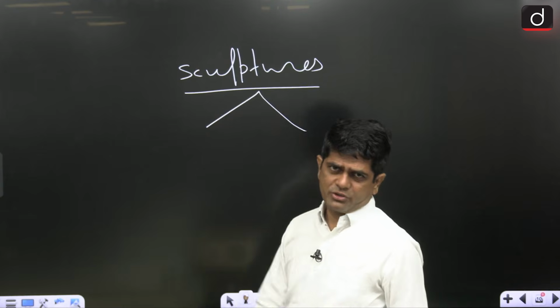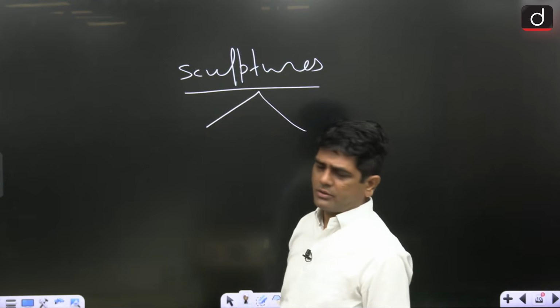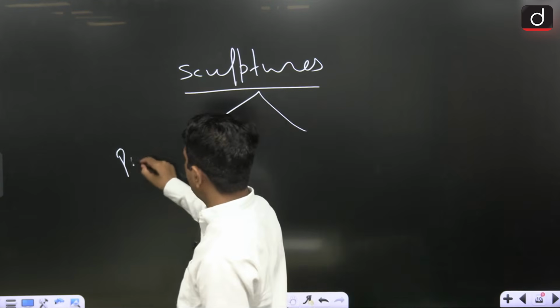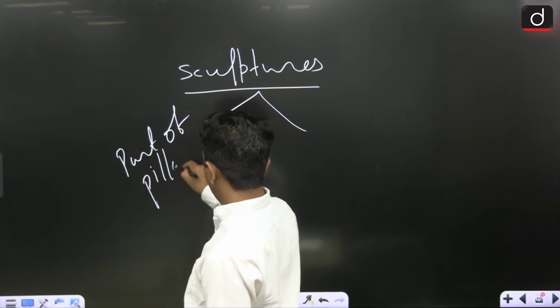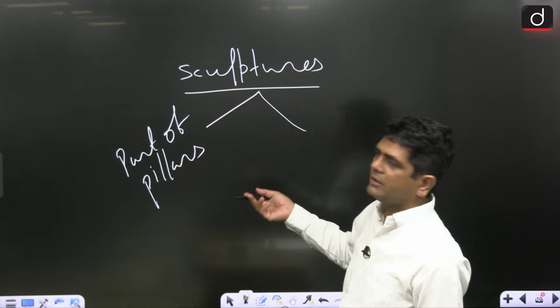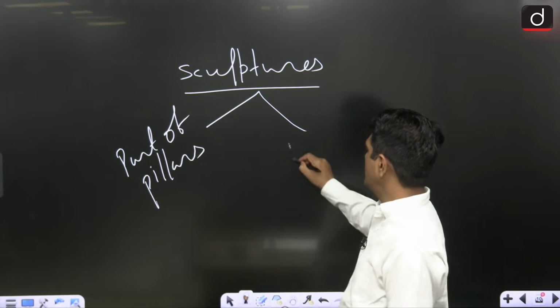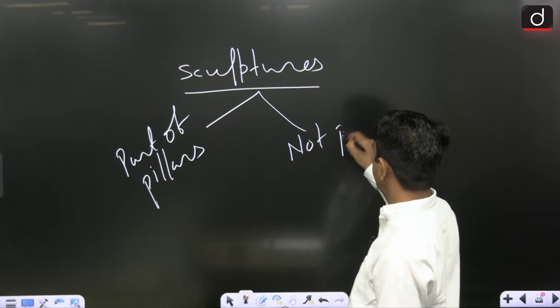See, the court sculptures were of two types. One is that which is part of pillar, and second, independently erected or not part of pillars.